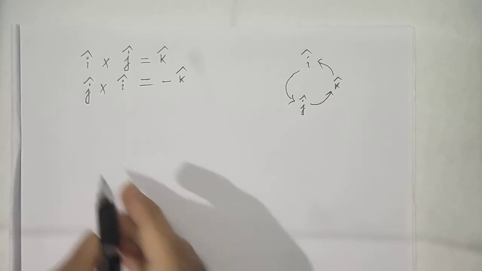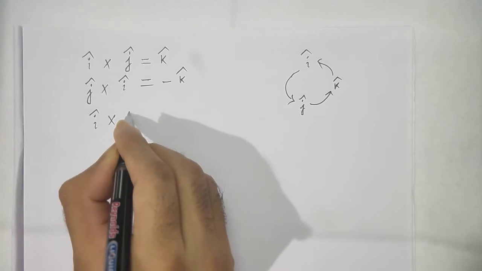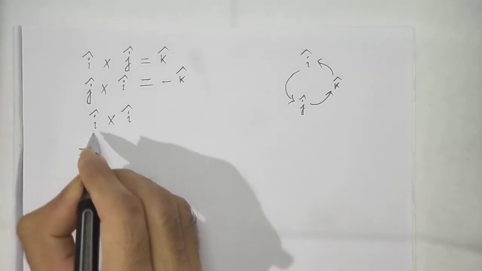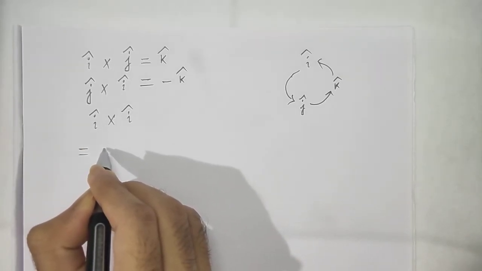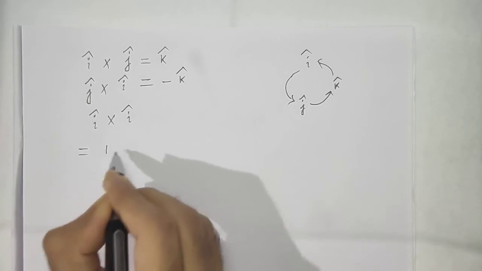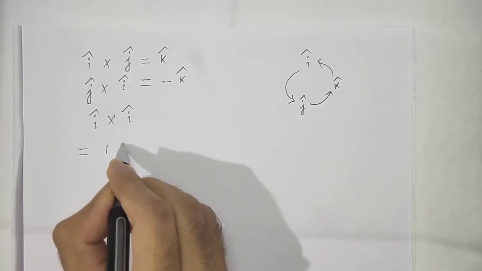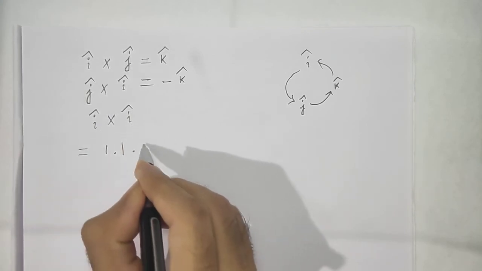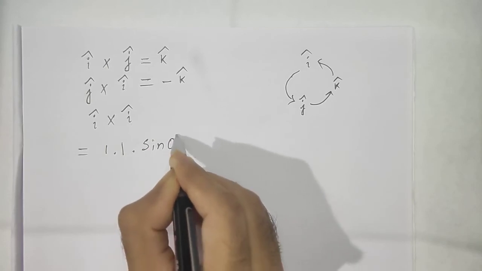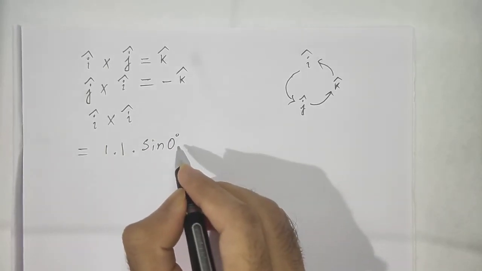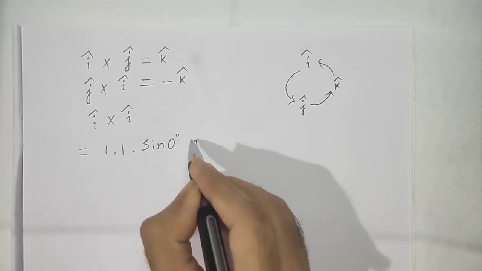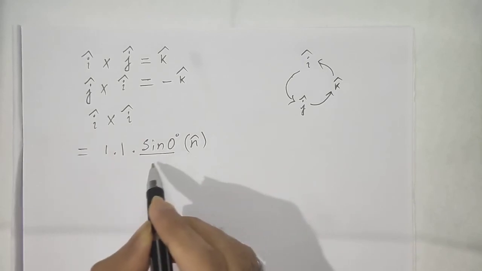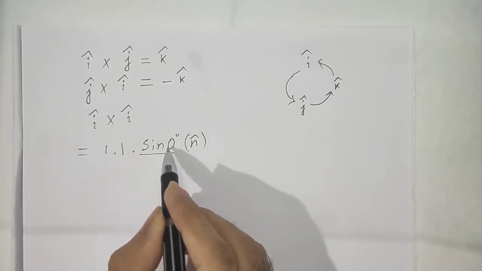But what will be i cap cross i cap? Let's find out. Let's take the mod of i cap, which will be 1, the mod of i cap again, which will be 1, and then sine theta. So what is the angle between them? It is 0. So sine 0 degrees, and then n cap. But here is the problem: sine 0 degrees is always 0.